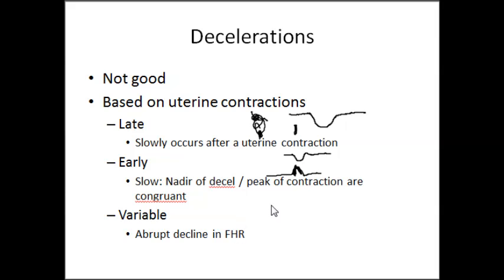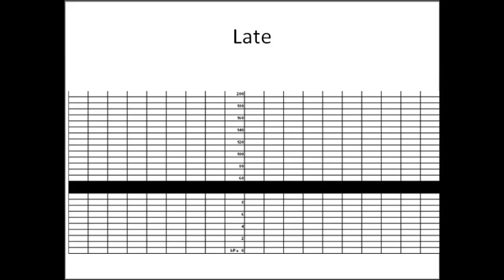And then lastly, variable, where you'll see an abrupt decline in fetal heart rate. So there's our uterus contracting. Instead of trying to squeeze it all in there, let's demonstrate what this is.